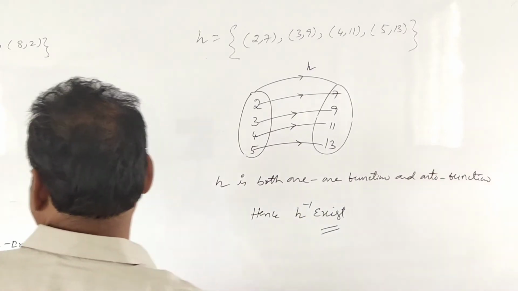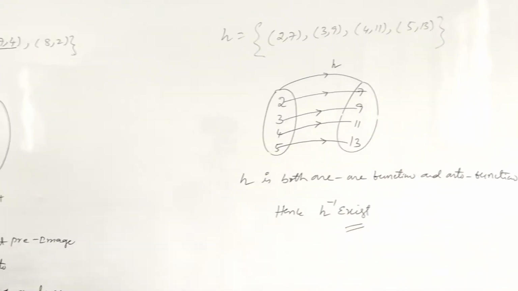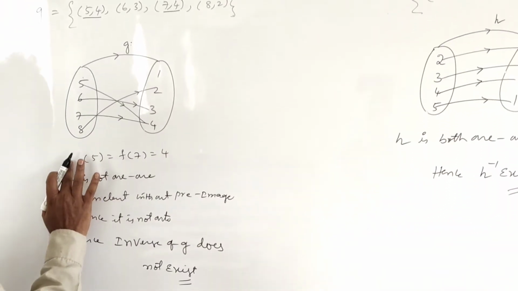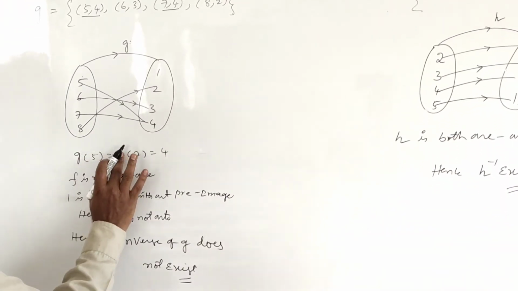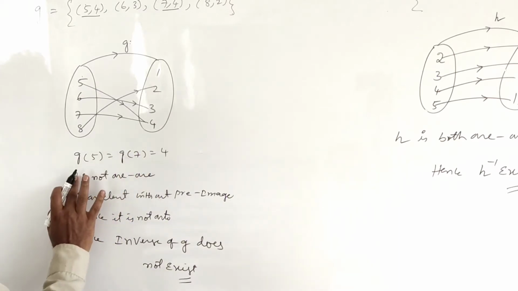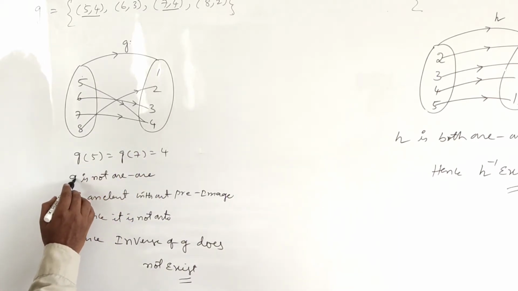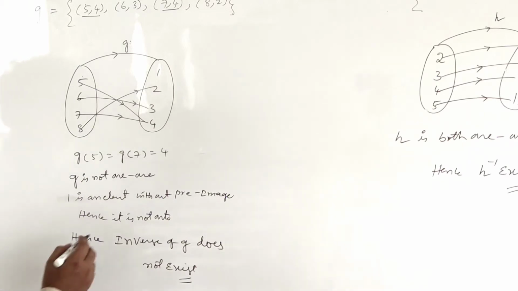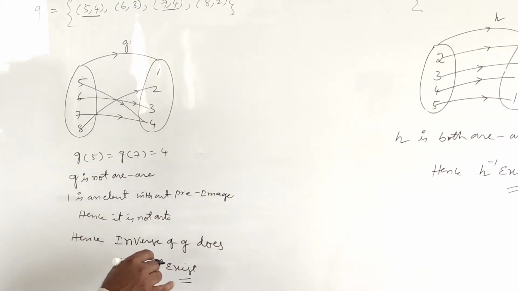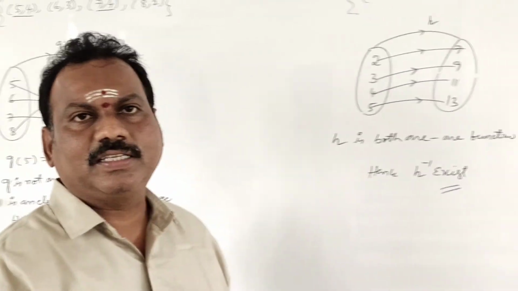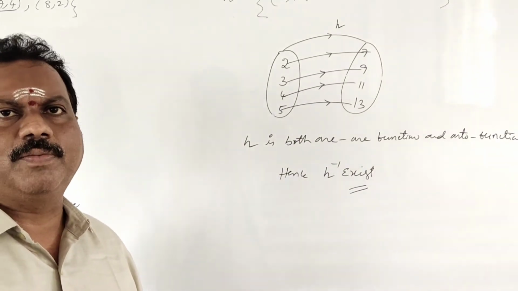In the previous problem, this is the function g, so you are going to write g of 5 and g of 7. So g is not 1-1, g is not onto also, hence the inverse of g does not exist. So this is the fifth problem, with 3 subdivisions.